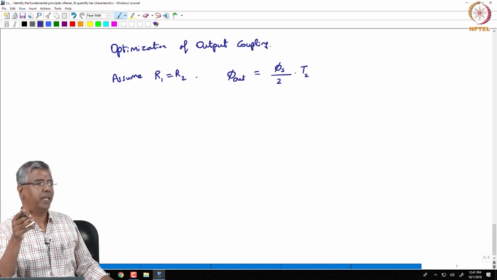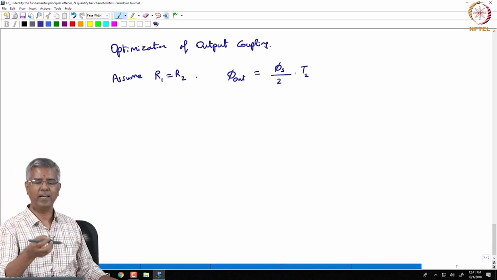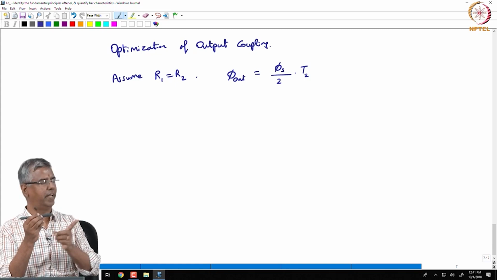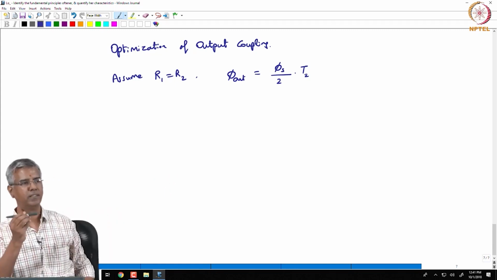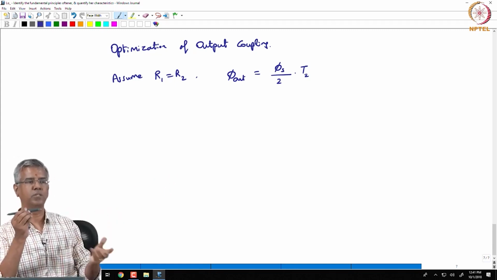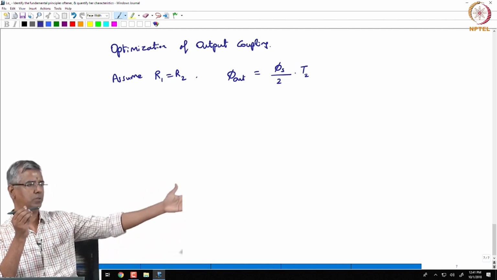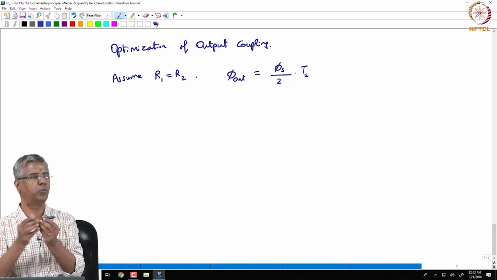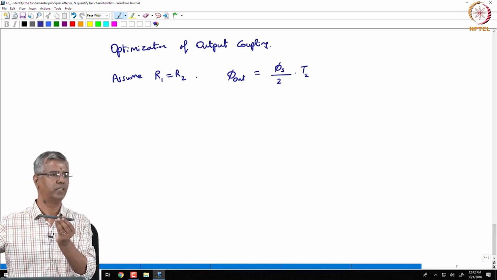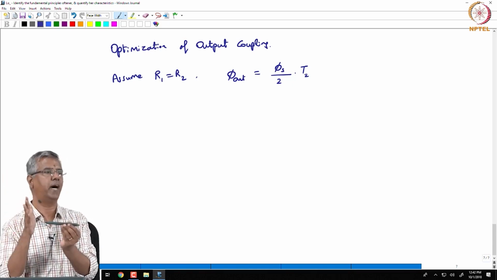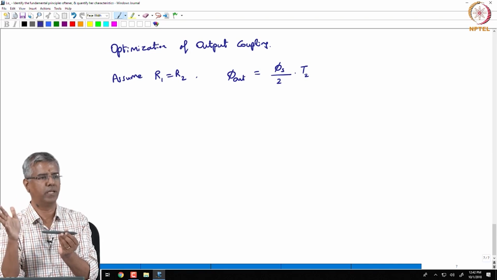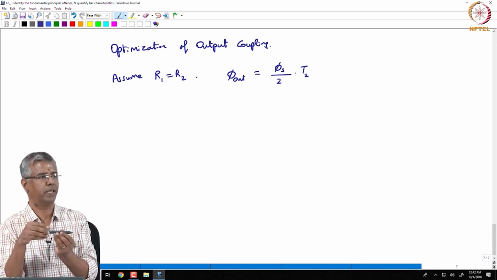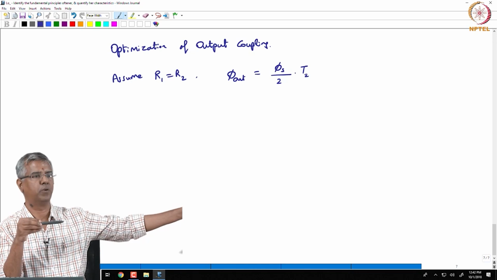In fact, I do not want that. What is the point of having a laser like this, with light going this way and light going this way? You are going to utilize the laser to do something in one particular direction, so you do not want light going from here. So, what do you do? You make R1 as close to 1 as possible, so that everything escapes out of R2.